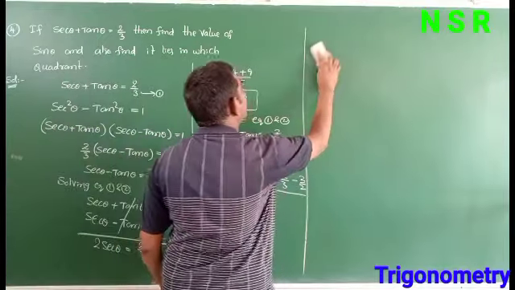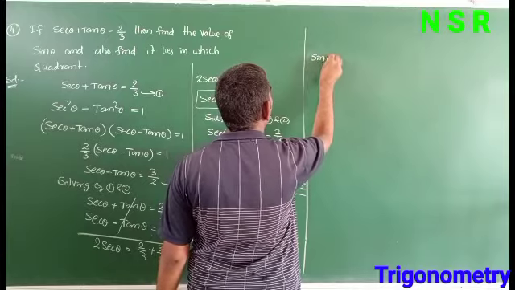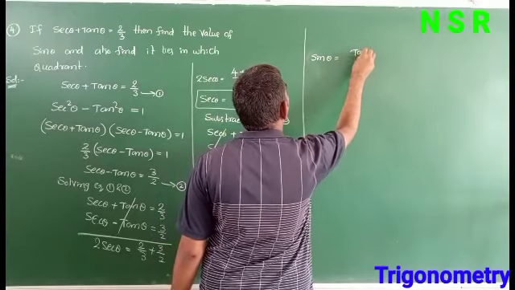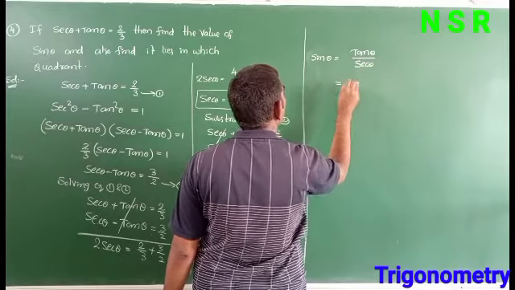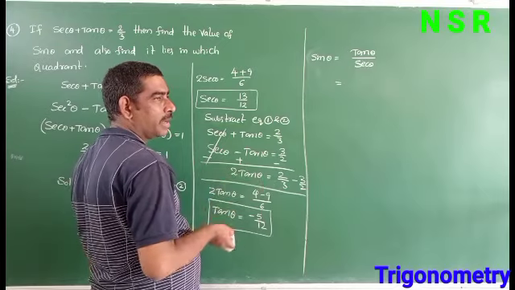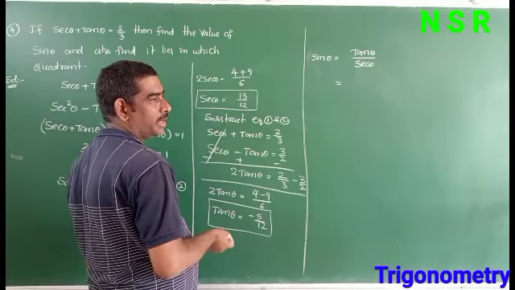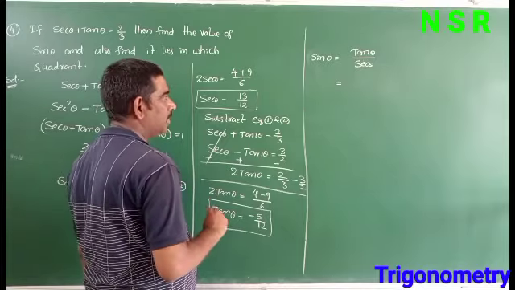So sin theta we can write as tan theta by secant theta. Tan theta means sin by cos, secant means 1 by cos. So denominator cos get cancelled, we get sin theta by 1 is equal to sin theta.